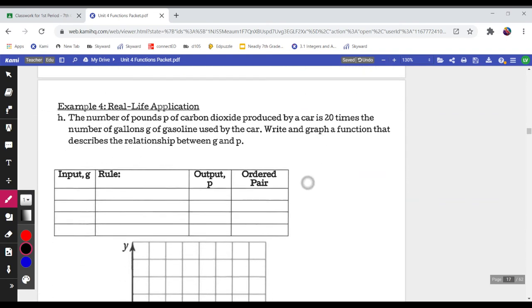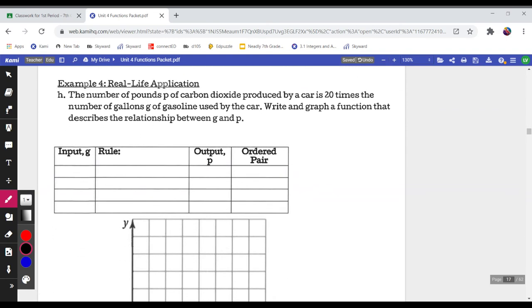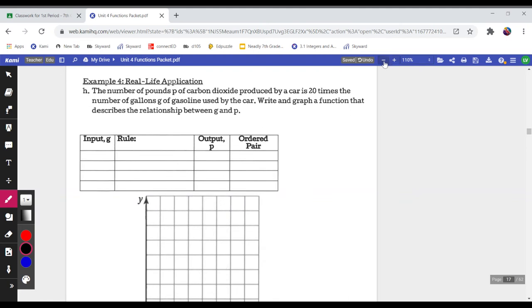So let's try a real life application problem. The number of pounds P of carbon dioxide produced by a car is 20 times the number of gallons G of gasoline used by the car.